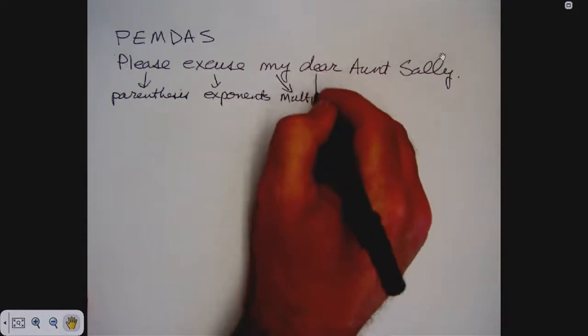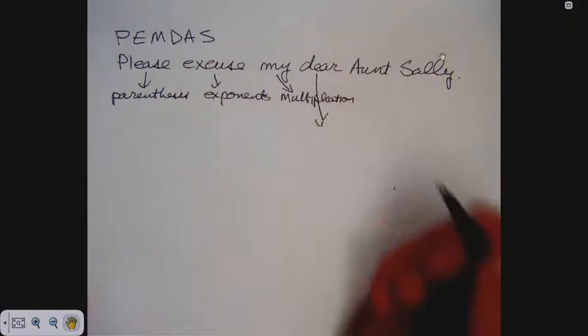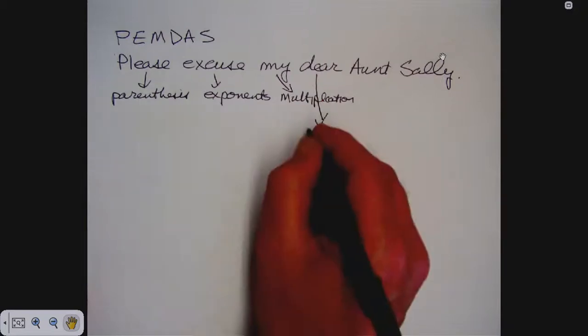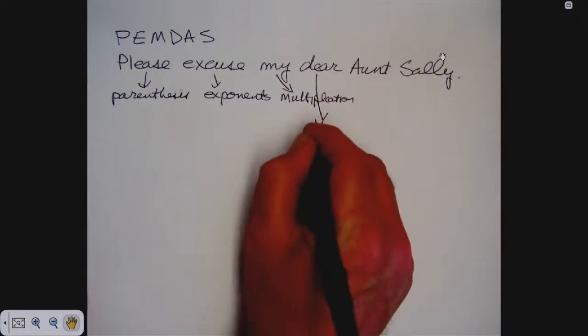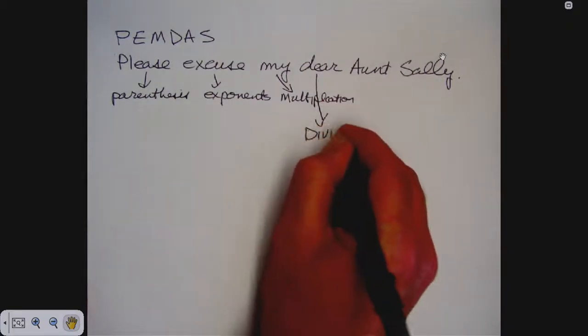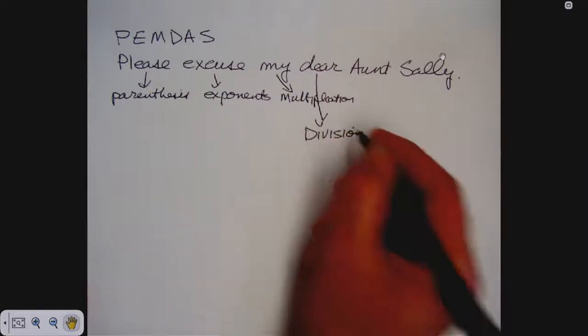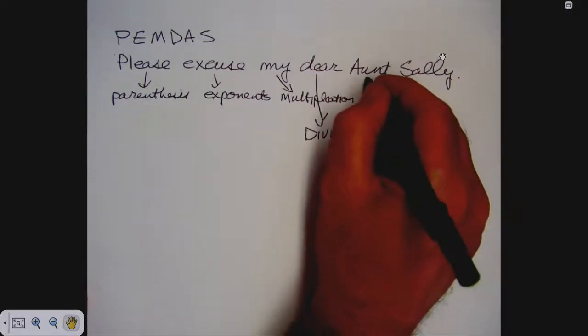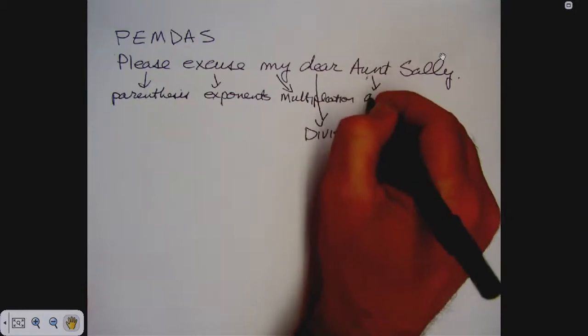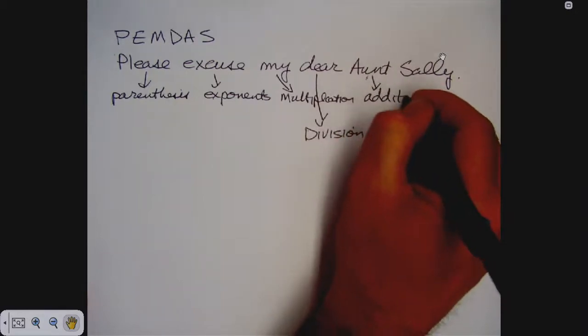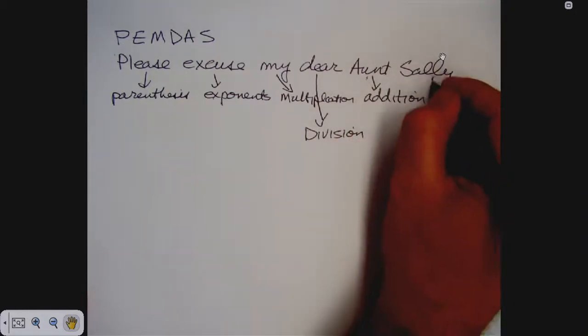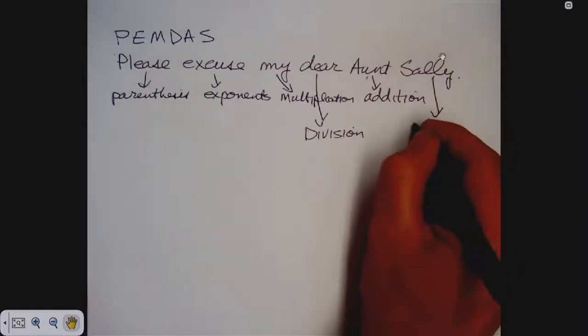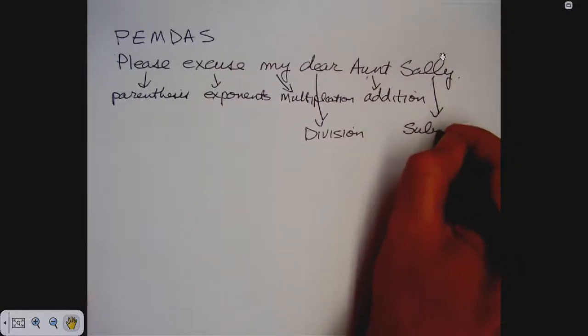And I'm going to move the D down here a little bit. That's a little confusing, but I think you see what I'm doing. The D stands for division. The A stands for addition. And the S, I'll move down here too, stands for subtraction.